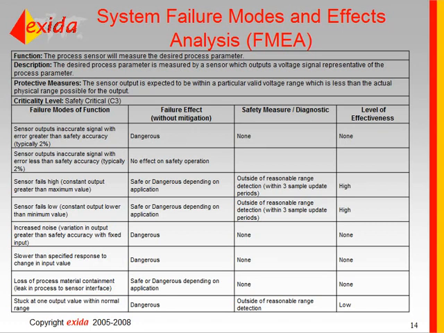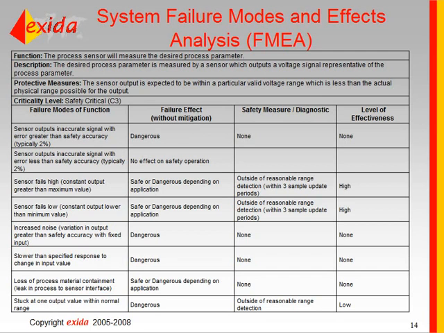If it's greater than 2%, so the sensor is off by 10% or 50% or what have you, it certainly could affect safety, and it could affect it in a dangerous manner. If you have some sensor that's supposed to detect a condition and it's off by 50%, it might tell you that condition does not exist when in fact it really does. That's considered a dangerous failure. When the safety condition or the hazardous condition is not detected or not acted upon when it does exist due to a failure, that's called a dangerous failure.